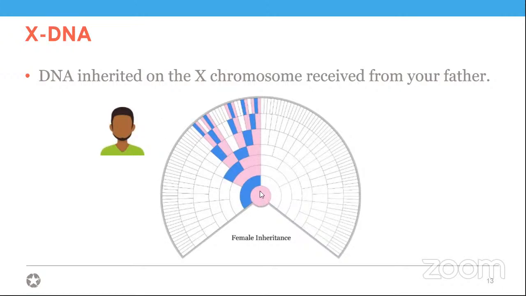So we have a daughter here in the center who was tested, and on this chart we have the father's side filled in. And so that XDNA is going to contain the DNA from her father's mother, so her grandmother, her grandmother's parents, and their parents, and so on and so forth.